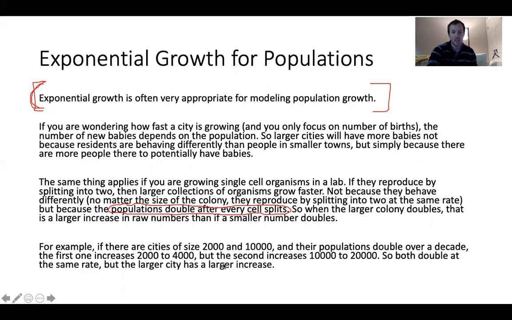And so this idea of proportional growth gets down to, you don't want to just measure raw numbers.